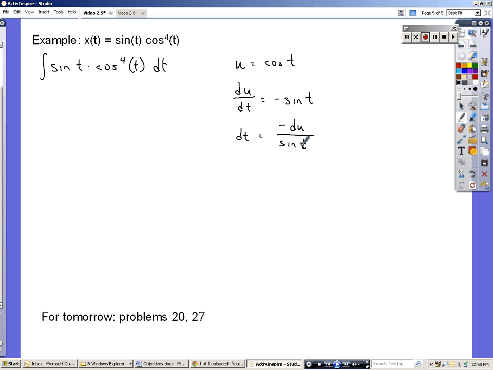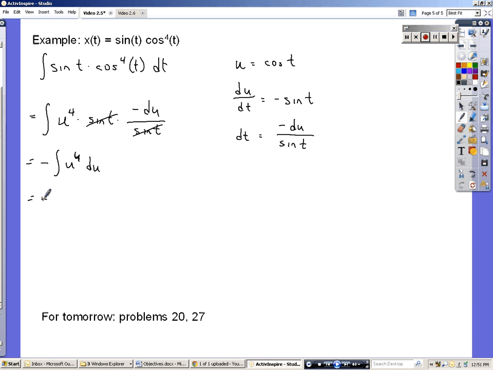We'll put that all into this. So that cosine to the 4th, that just becomes u to the 4th. And we have sine t, and then the dt is negative du over sine t, and the signs cancel out, and we're left with negative u to the 4th du, which we know how to do. We use the power law, n equals 4.